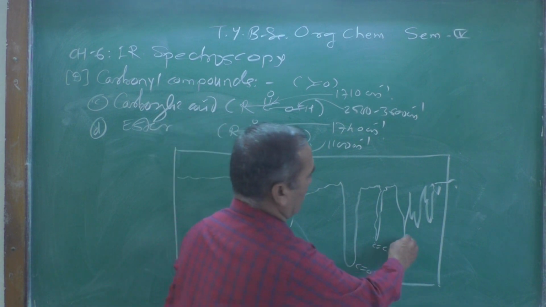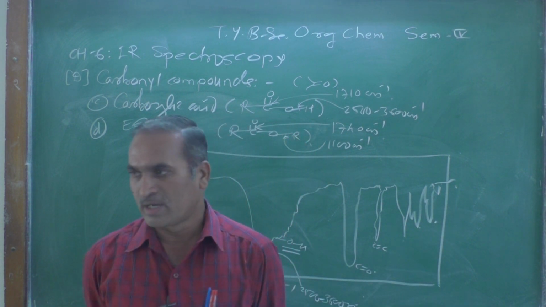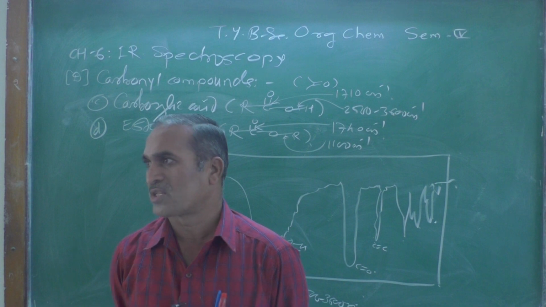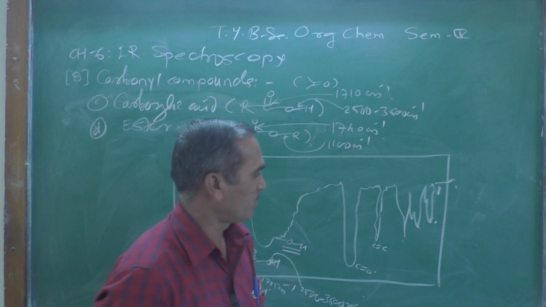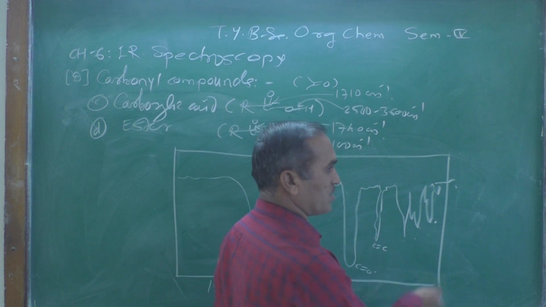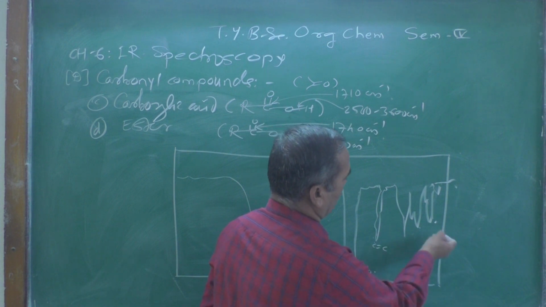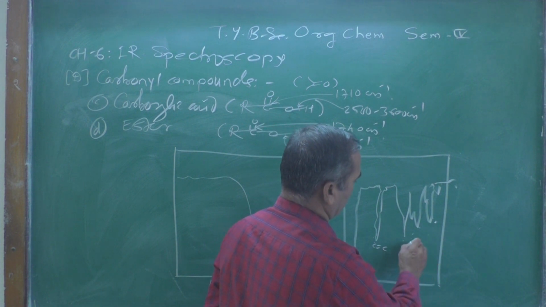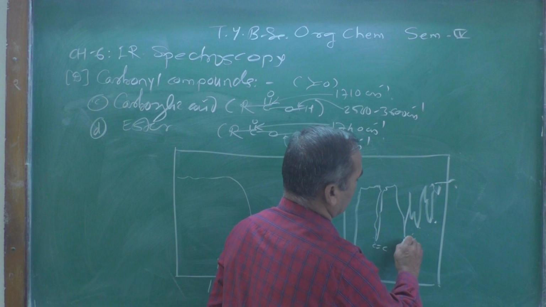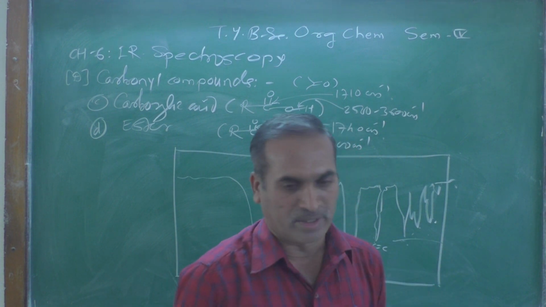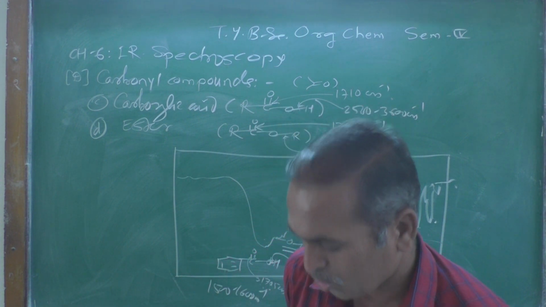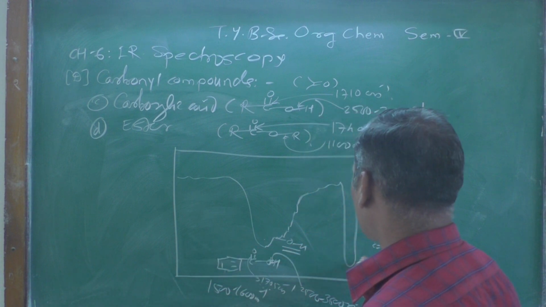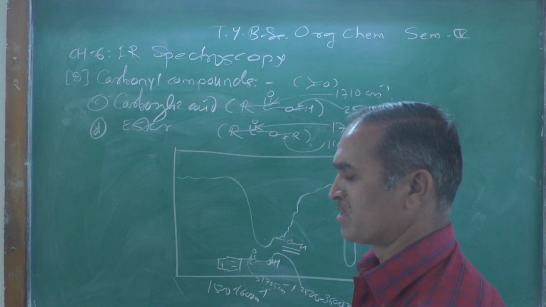And if you see, there are a number of other signals or bands, and these bands are due to CH bending vibrations or the monosubstituted pattern that they are showing, because this falls in the aromatic region, and this is the functional group region.